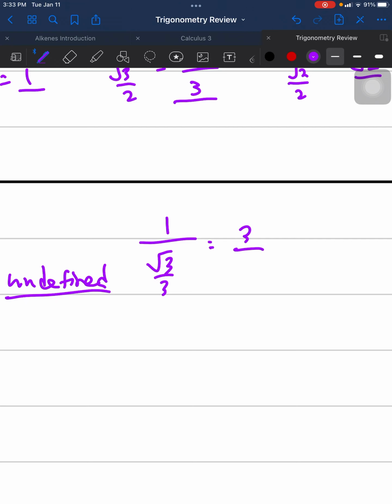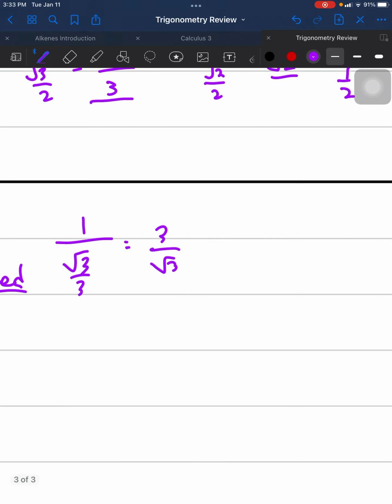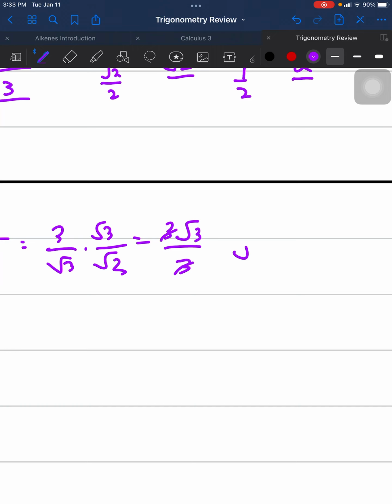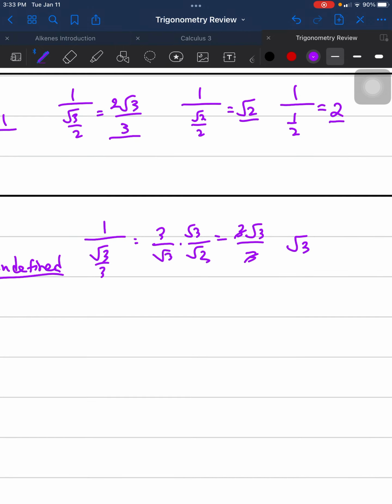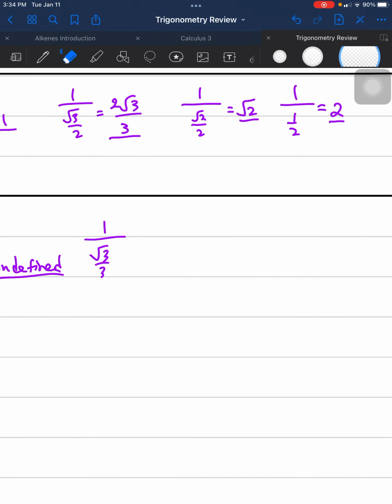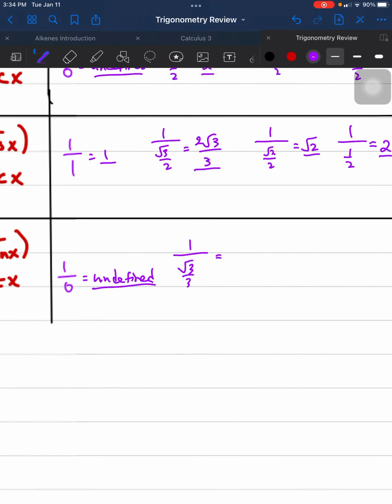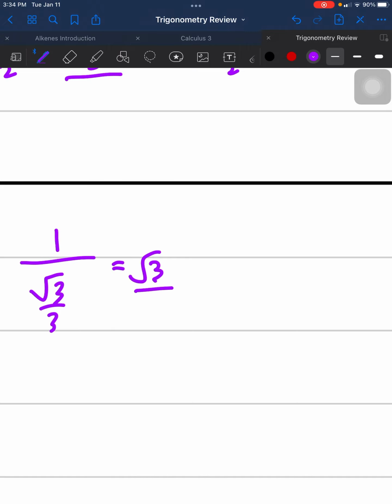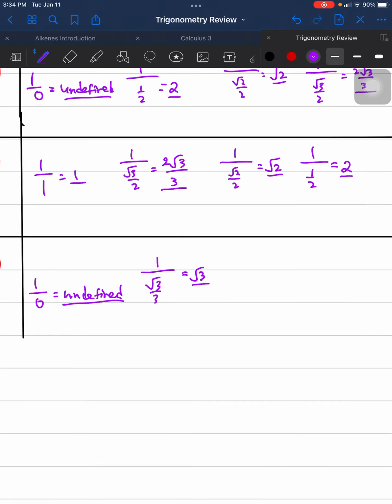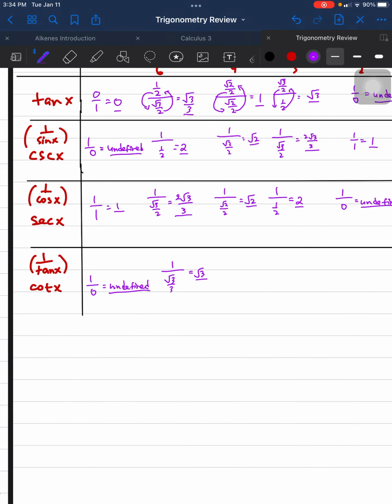So we're going to have 1 over radical 3 over 3. And we get 3 over radical 3, but when we multiply by its conjugate, we get 3 radical 3 over 3. 3's cancel, and we're left with radical 3. So at pi over 6, cotangent of x is equal to radical 3.